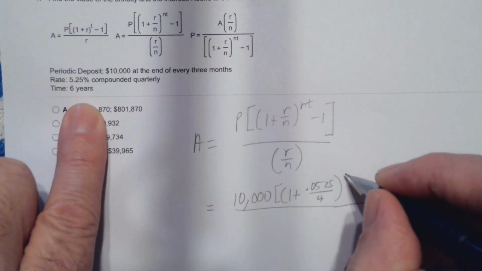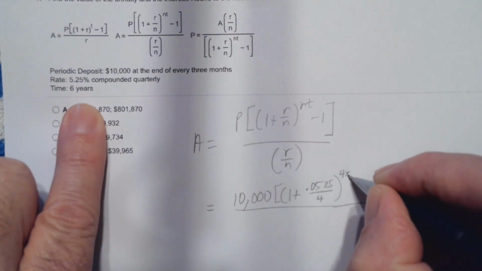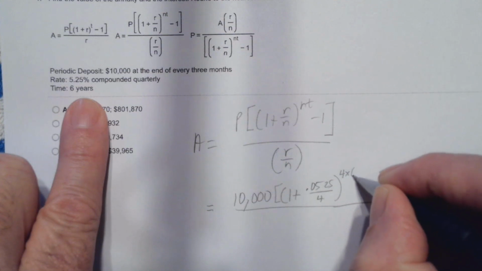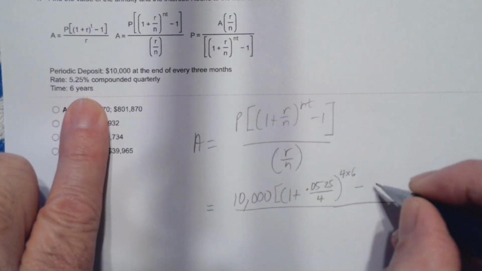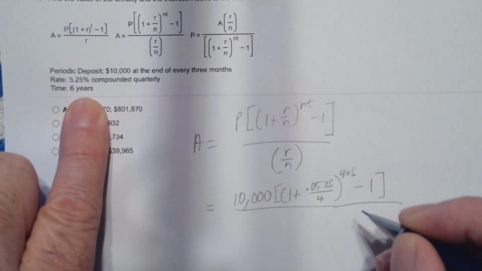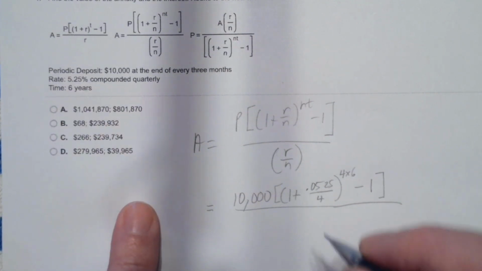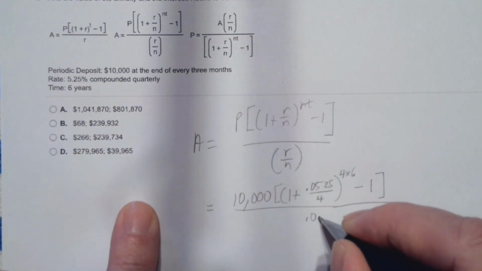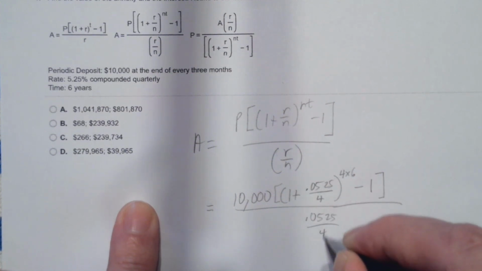This is to the NT power, that's 4 times 6, and then minus 1. And in the bottom we just have R over N, so 0.0525 over 4.